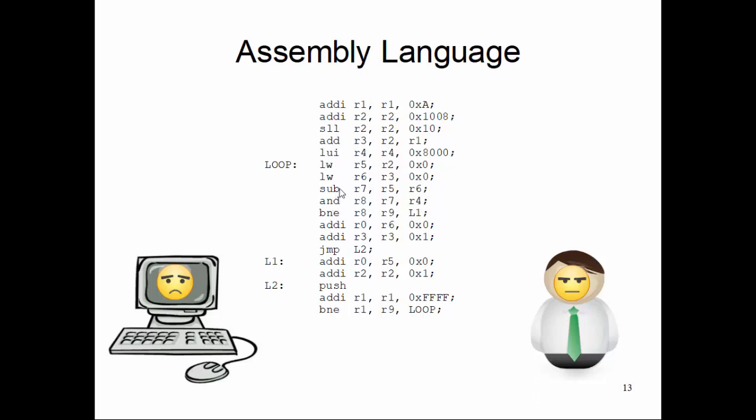And this is maybe subtraction, a logical and, this may be a jump to some point like L2, push and pop, maybe some stack is involved. So overall we understand a little bit of this part. The computing system doesn't even understand this part. They only understand 0 and 1.